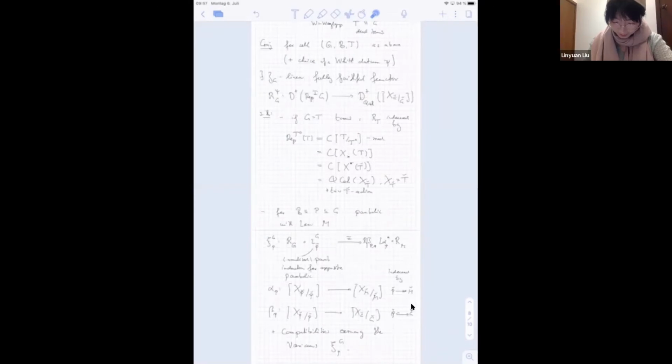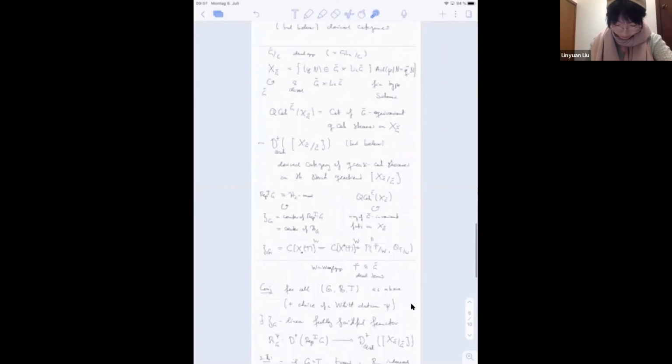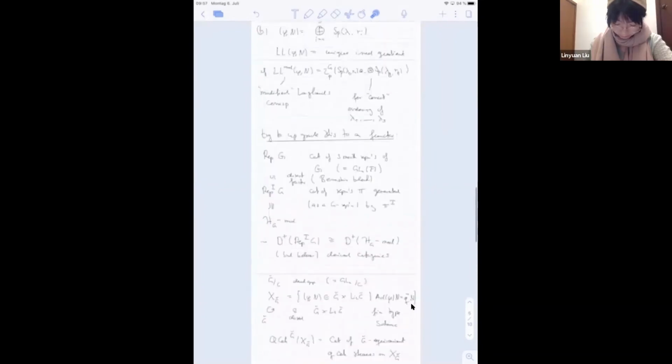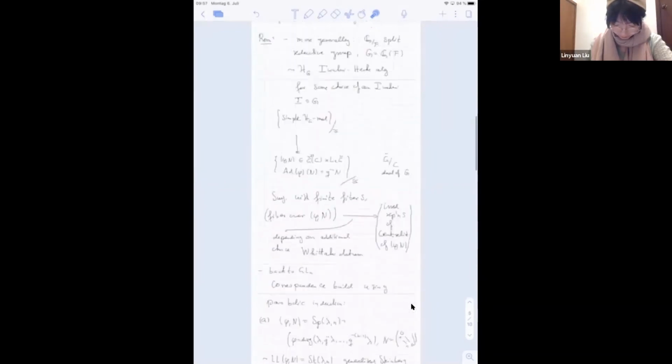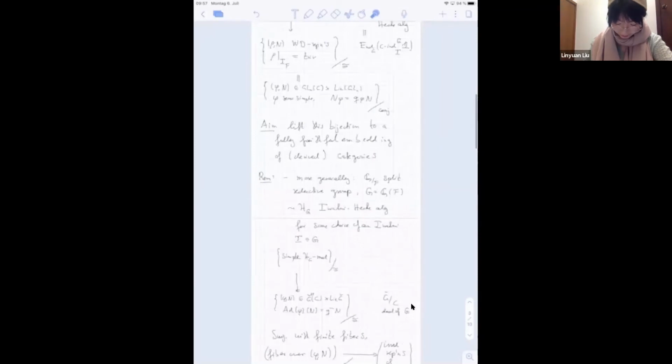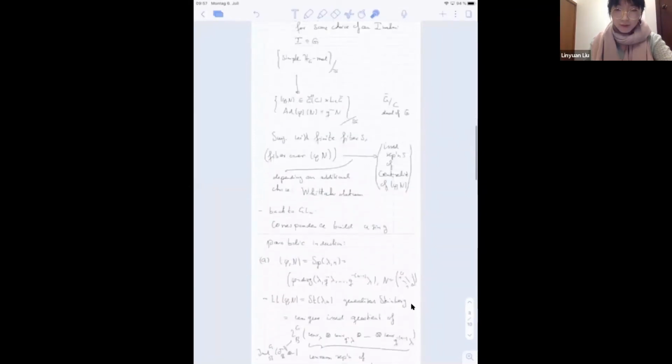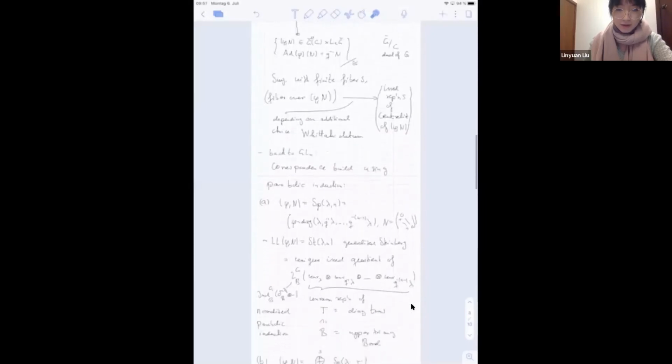I am a bit confused about your previous remark. You said that for a more general version of the local Langlands correspondence for G and G check, the map is surjective with finite fibers.